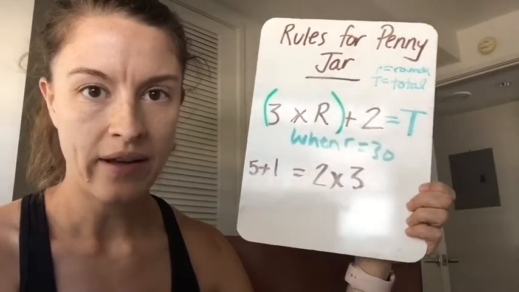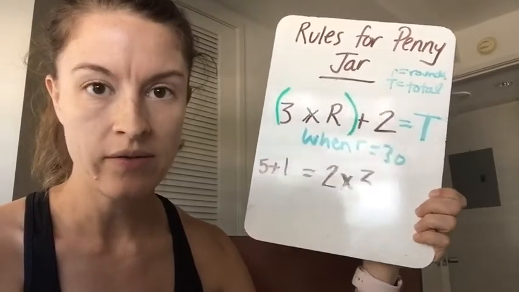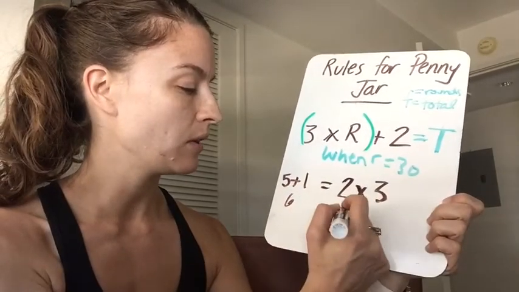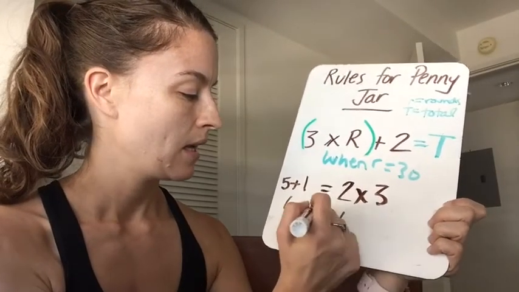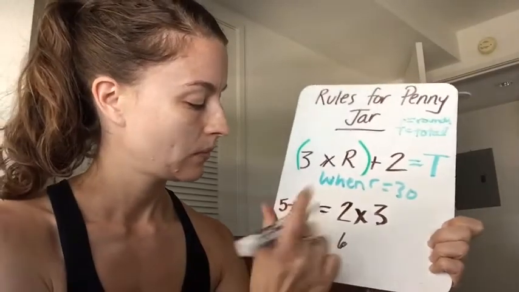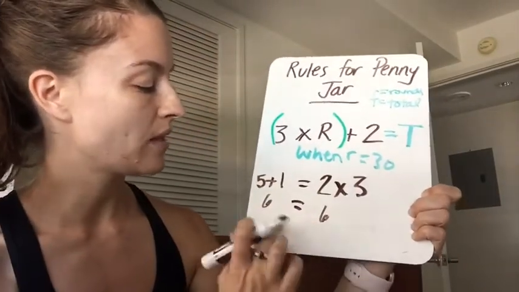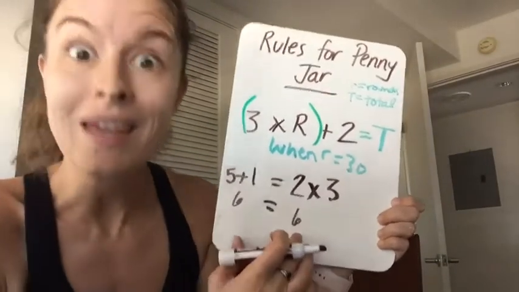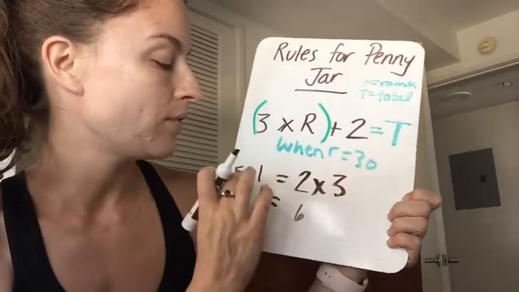Okay, well, think about it. Whisper it to yourself. Okay, and if you're thinking to yourself, well, because 5 plus 1 equals 6, and 2 times 3 equals 6, and the equal sign just means both sides are the same, then yeah, 6 and 6, it's the same number. They are the same. So it's 2 different ways to find 6.